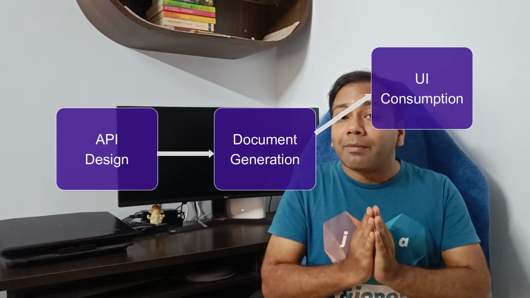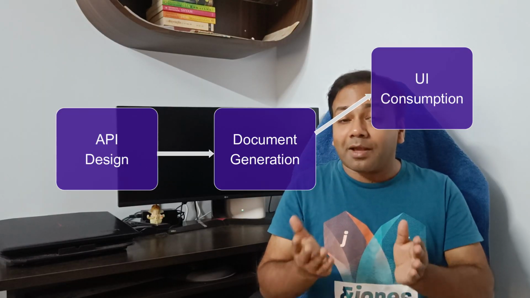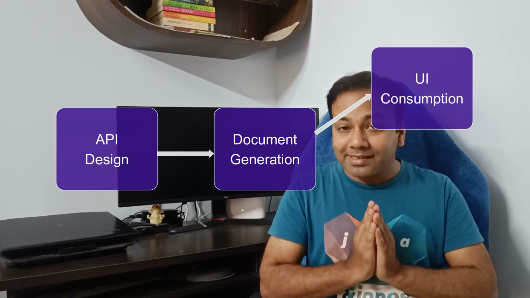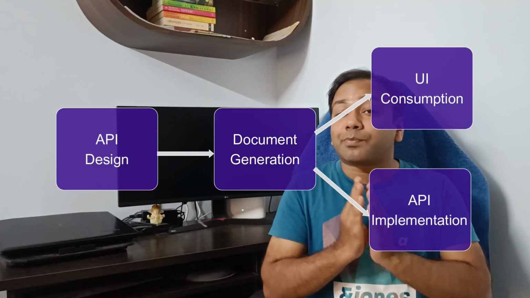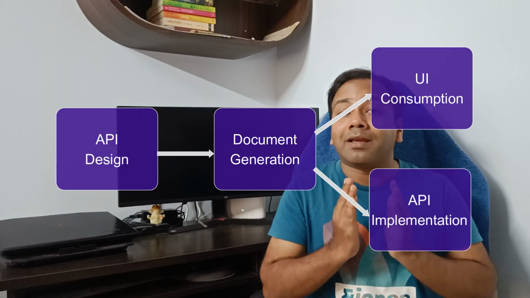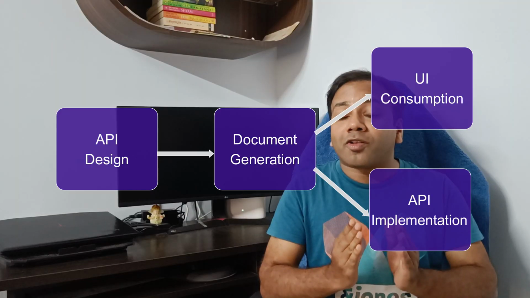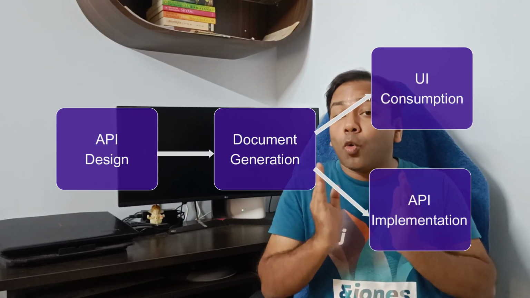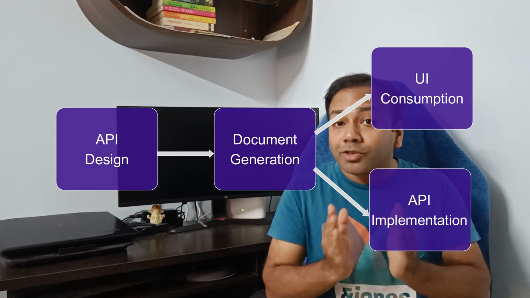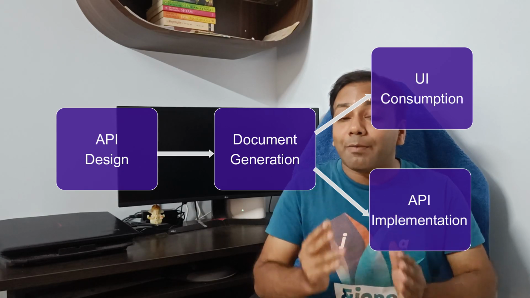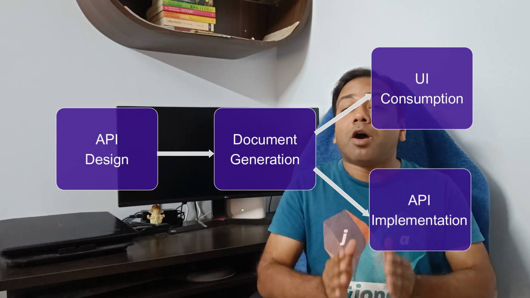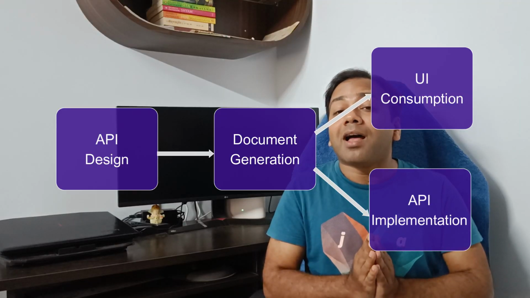The testing team also can work out their test cases by taking those API specifications and documentation, and simultaneously the backend team who is responsible for developing the API can also focus on their work. So the API team can work out their inner implementation details by the time other teams are consuming the APIs.